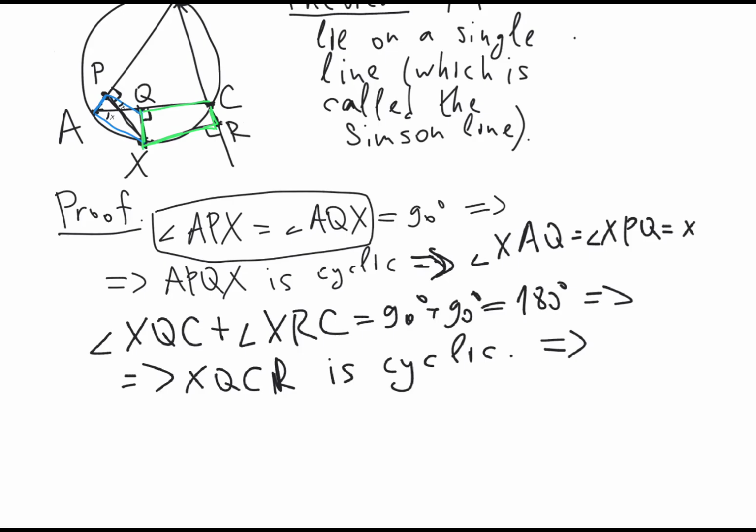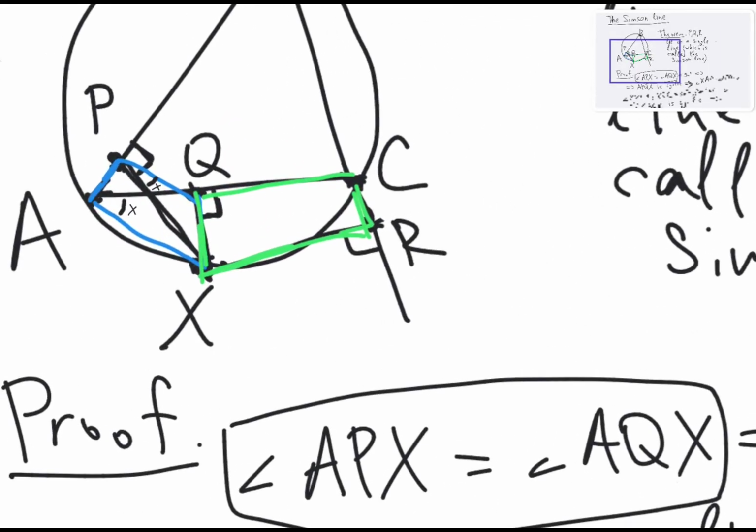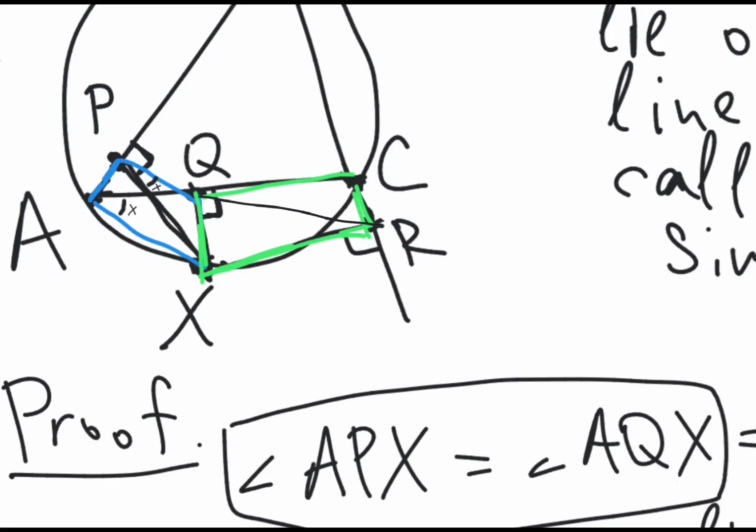And here, let's draw both diagonals, and we consider this angle, which is equal to this angle because they subtend the same arc XQ in the circumcircle of this cyclic quadrilateral.